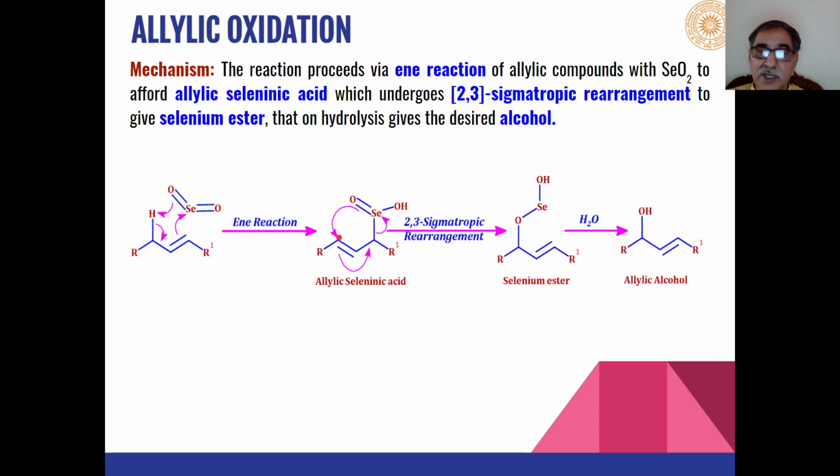This double bond will attack at this place, and oxygen will get attached to this carbon, and this selenium-carbon bond will break with shifting of this carbon-carbon double bond, and the allylic selenic acid will be converted into this selenium ester as the intermediate. And this on hydrolysis, with the breaking of this selenium-oxygen bond, will give us allylic alcohols as the product. So this is how the alkenes having allylic hydrogen are converted into allylic alcohols as the product.